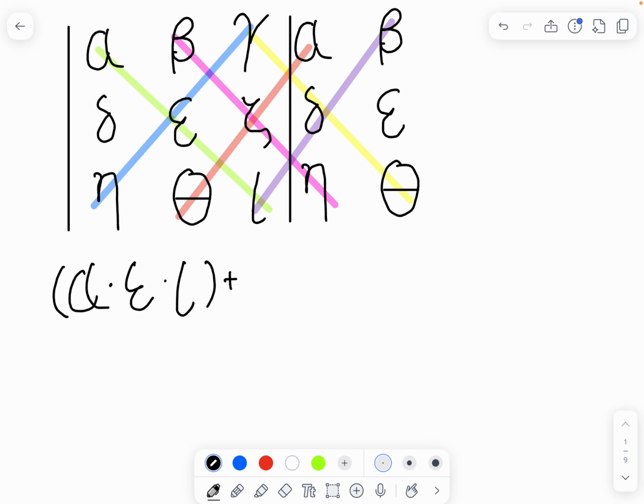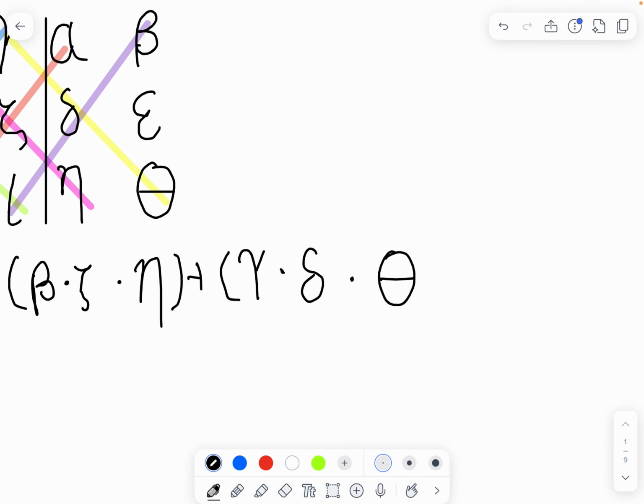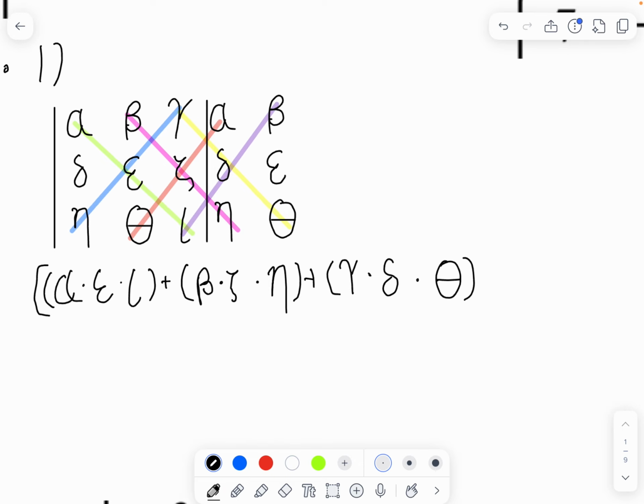So that gets added to beta times zeta times eta, plus, and then time for the yellow highlight, gamma multiplied by delta multiplied by theta, right?